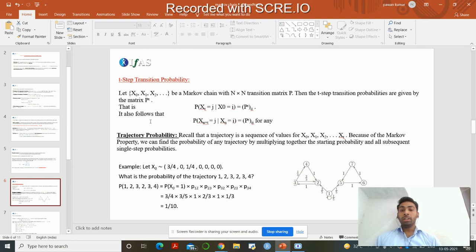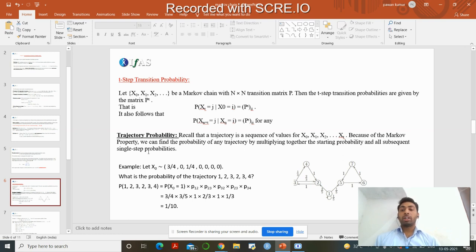Similarly, if we are at state X_n, we can go t steps again. It depends only on the present value, not on past values, by the Markov chain property. So the probability of X_(n+t) equal to j depends only on X_n, not on past values.